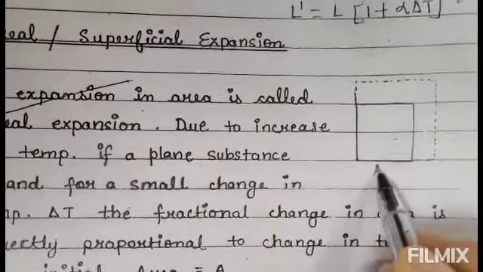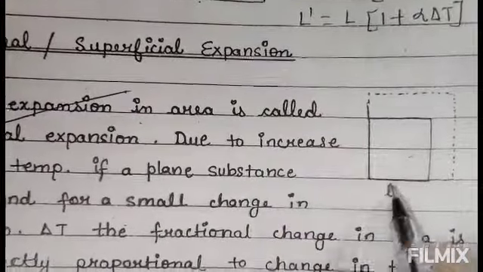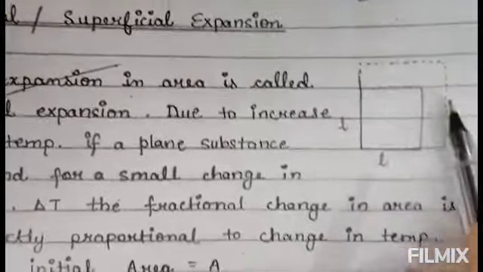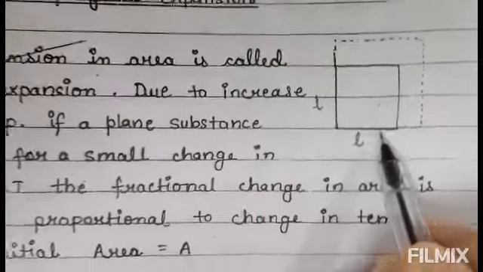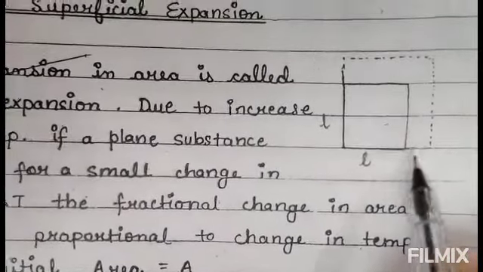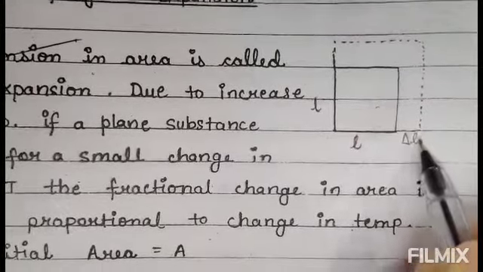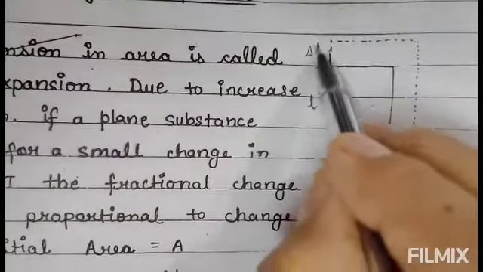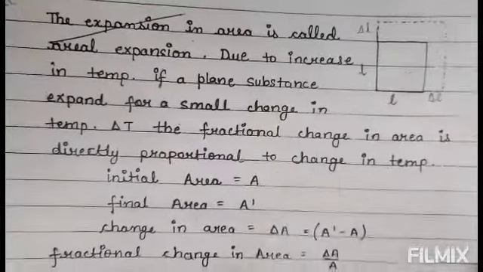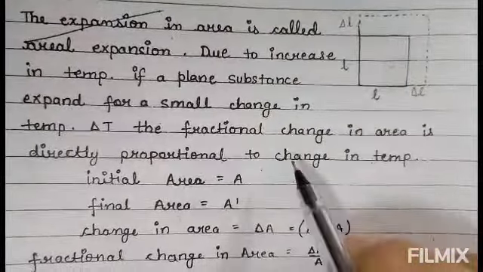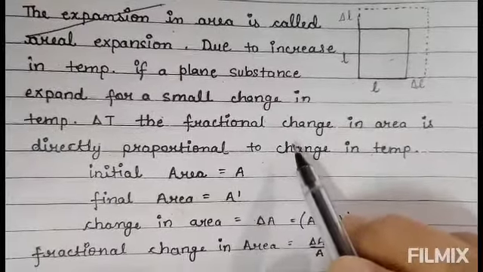You can say the length of this plane surface is L and the width is also L. When we give temperature to it, the expansion will take place. This is del L, and here also del L. So if the length increases and the width increases, the area also will increase.